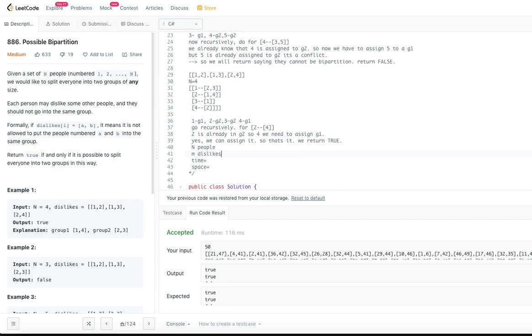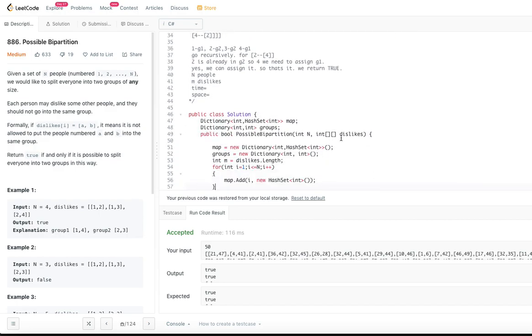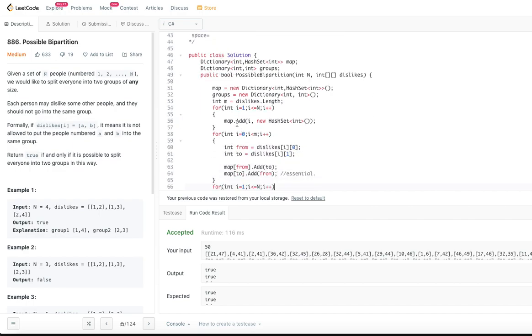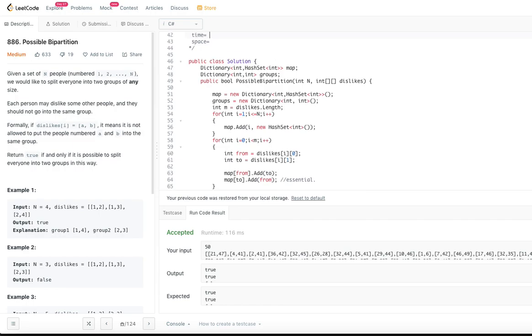That's what we are given. So what is the time complexity here? Order of n to put the map, so we'll put order of n for that. And how much are we taking to build the map? Order of m. So that will be order of m, right?